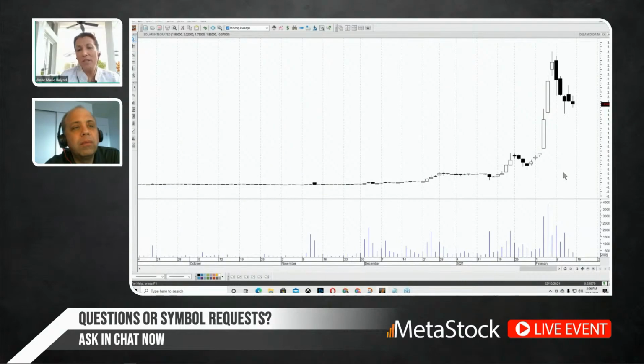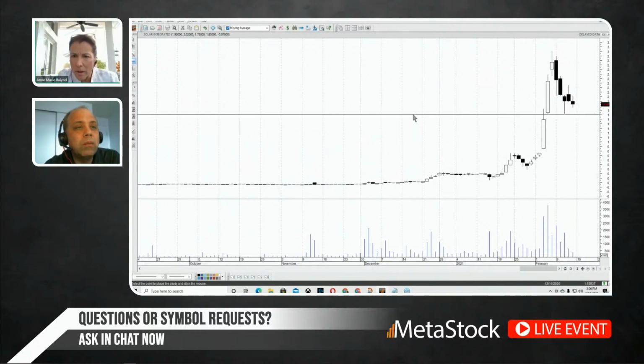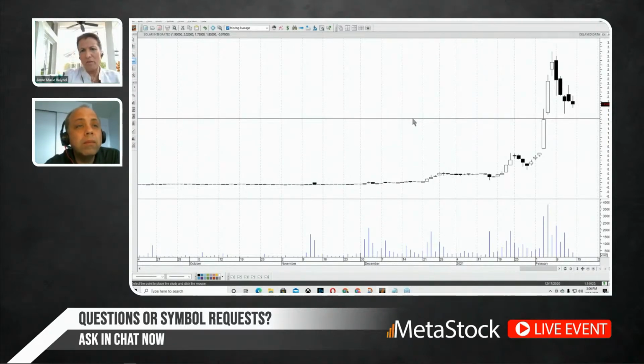Let's see if it fills this pesky gap at around $1.40 that it hasn't before, right? So it hasn't come back to fill that gap somewhere around, I think it's $1.40, something like that. And then it's $1.50 from the close of that one. Yes. So there we have it.